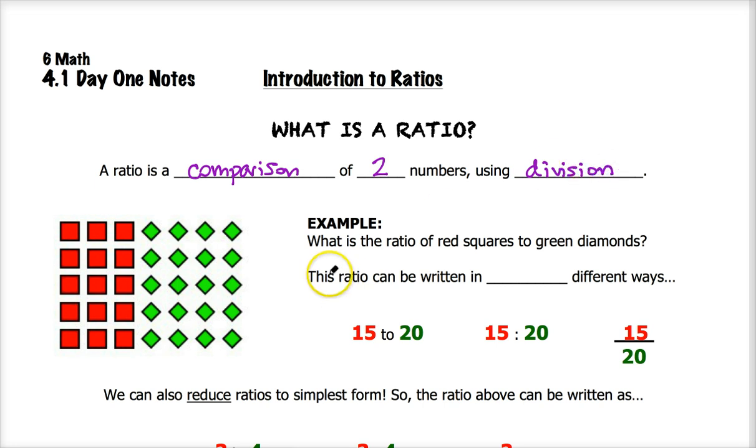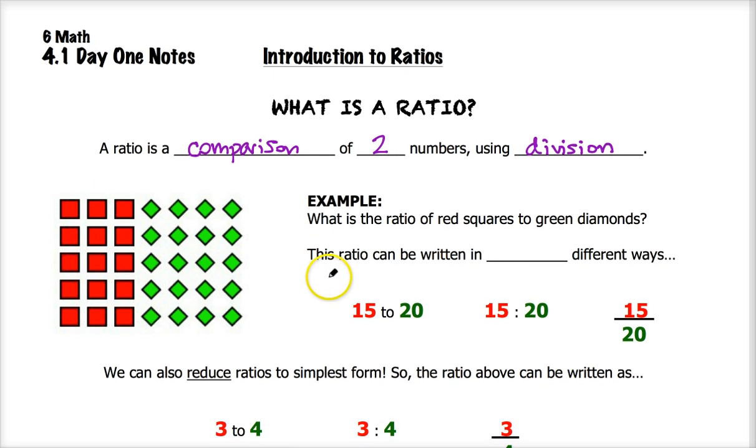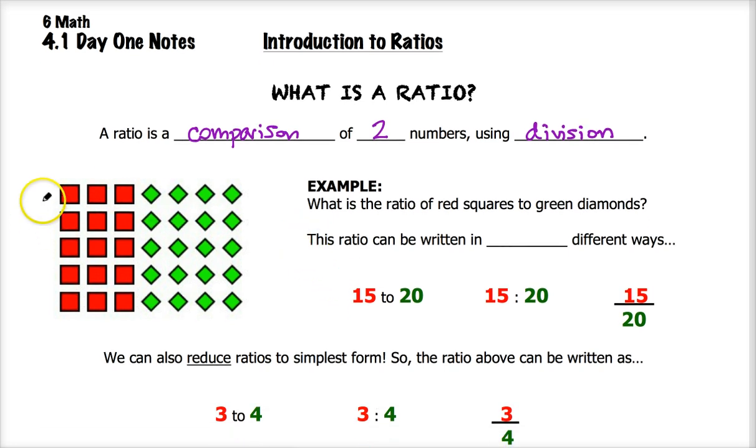So an example of a typical ratio problem you might see is this problem here. We have this diagram to the left of red squares and green diamonds, and if I were to ask what is the ratio of red squares to green diamonds, we can write that in one of three different ways. So if you count, you see that there are 15 red squares and there are 20 green diamonds.